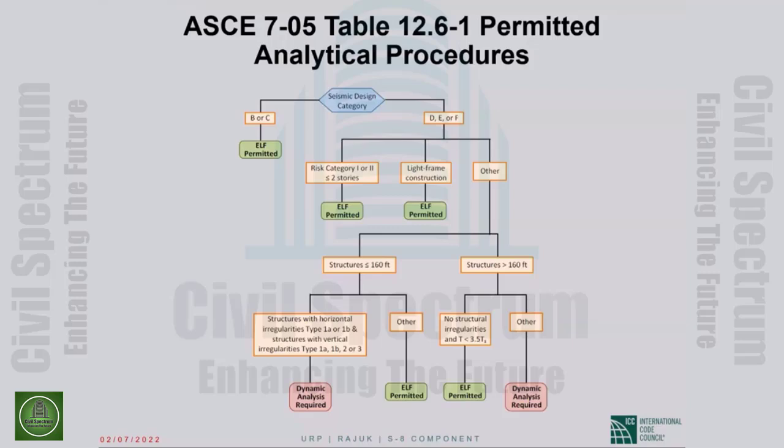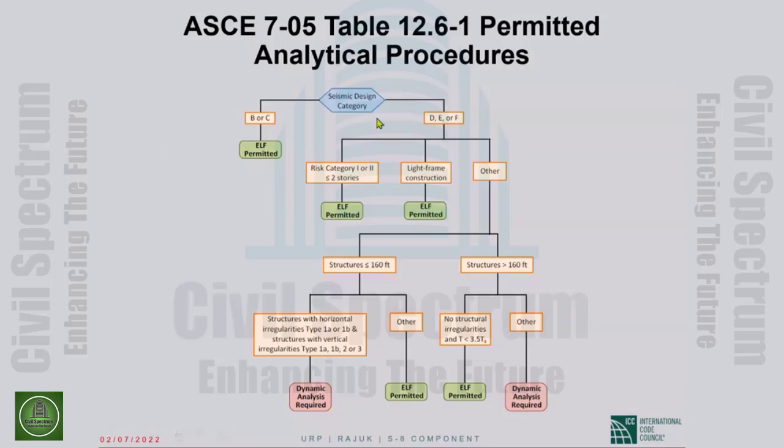Irrespective of height, irregularity or anything, for light frame construction, you can do equivalent lateral force procedure, never dynamic analysis. Dynamic analysis is never required. Okay? If you have a risk category 1 or 2 building less than or equal to 2 stories in height, that means no schools, no hospitals, and less than or equal to 2 stories, then equivalent lateral force is always permitted.